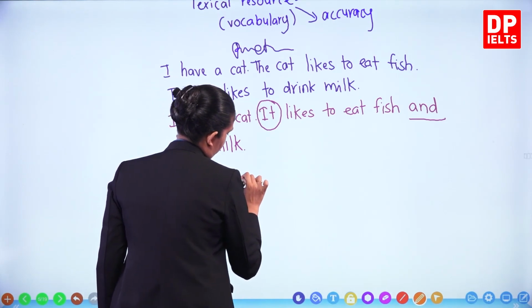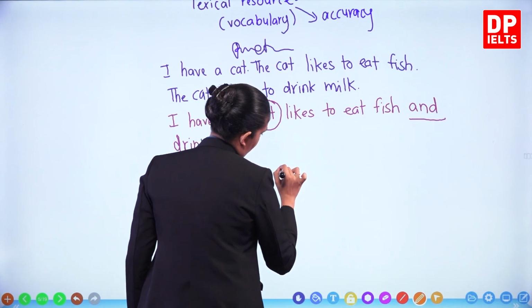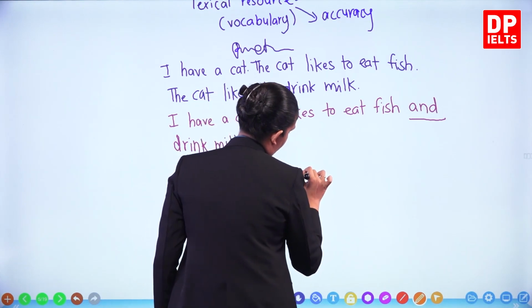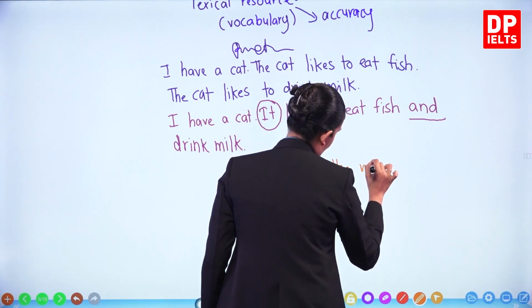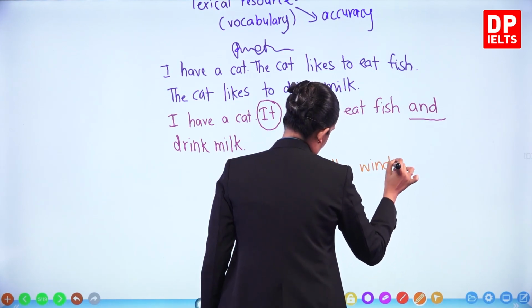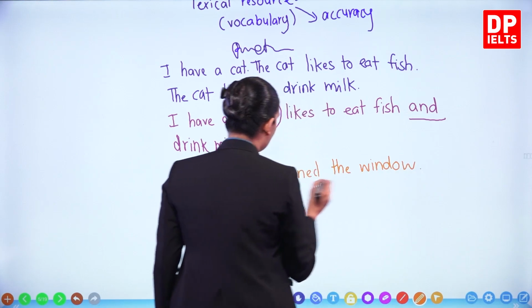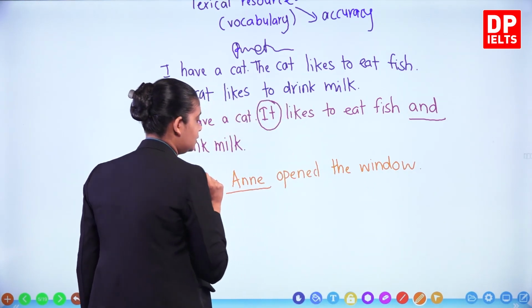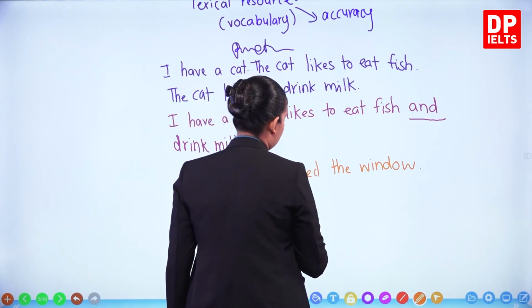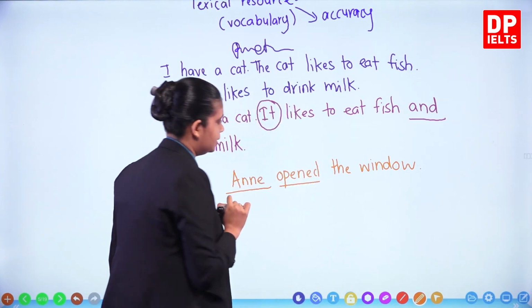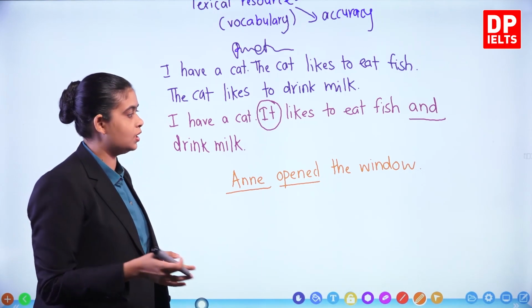Anne opened the window. Who opened it? Anne is the subject. What did she do? What is her action? Opened, right? The window. What did she open?